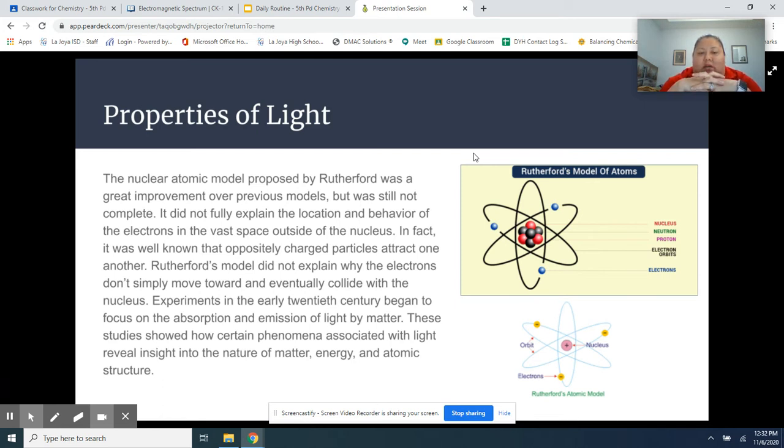So when Rutherford came out with his model, it was really good. It was a lot better than any other model that had been proposed by other scientists. So, it was great, but there was still some questions about it. So Rutherford's model did not explain why electrons don't simply move towards and eventually collide with that nucleus, okay?